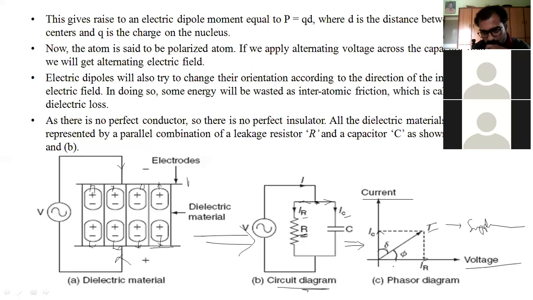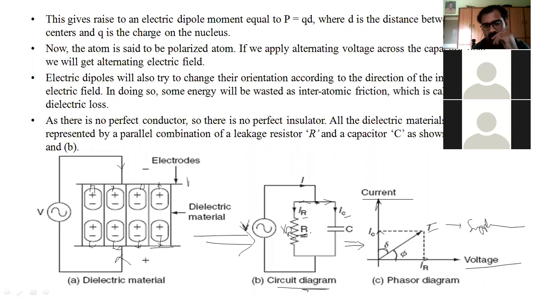If you observe this phasor diagram, the current IC is 90 degrees leading the voltage. The current which is distributed into IR and IC, this IR is in phase with the voltage. Why? Because whatever voltage is supplied to the circuit is equivalent to this VR.